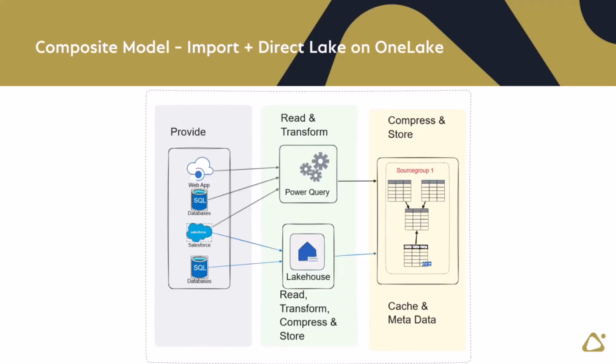If the table is connected via import mode, Power Query reads the data and it will be stored in the Vertipaq engine. If the table is used in Direct Lake, then the tasks of reading the data, transforming and storing will be covered by Fabric. And within the Analysis Services engine, only some metadata will be stored and cached.